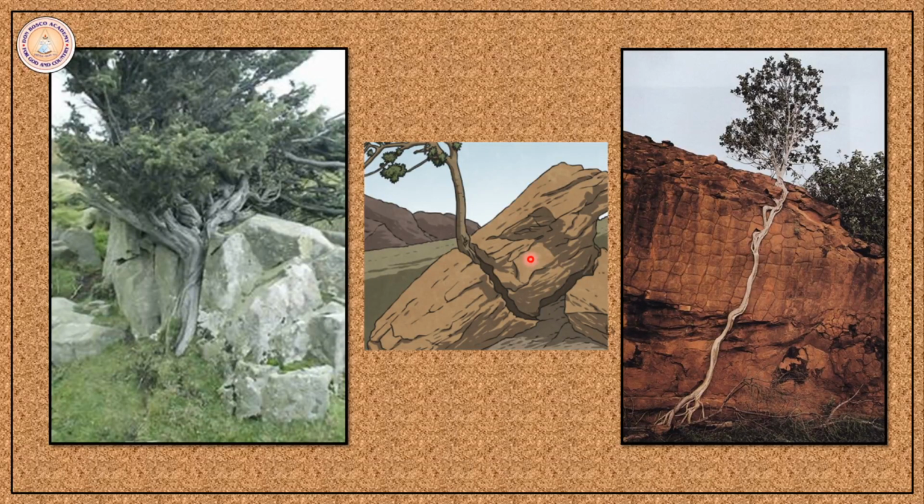In the last class we have learnt, and now also we can see how the roots of the plant penetrate deep into the cracks in search of water and nutrients. Now these roots exert a lot of pressure on the surface of the rock, which results in widening and ultimately causing the rocks to break.